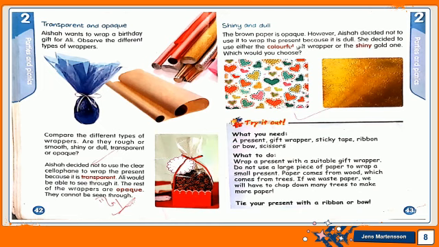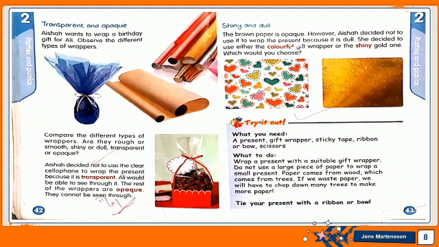Dear students, now try it out. For this, what you need? A present, gift wrapper, sticky tape, ribbon or bow, and scissors. What to do? Wrap a present with a suitable gift wrapper. Do not use a large piece of paper to wrap a small present.